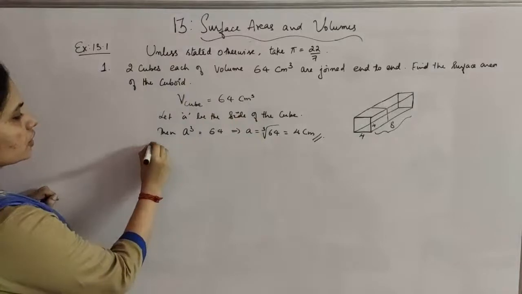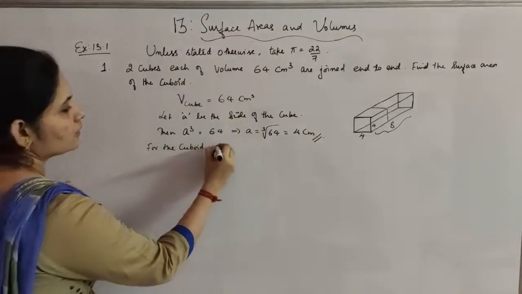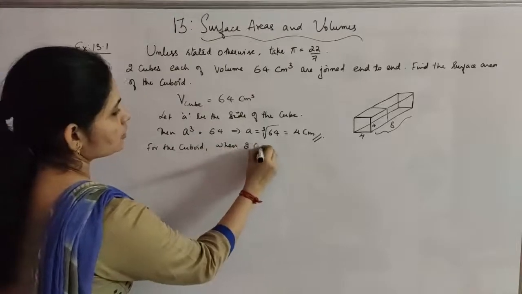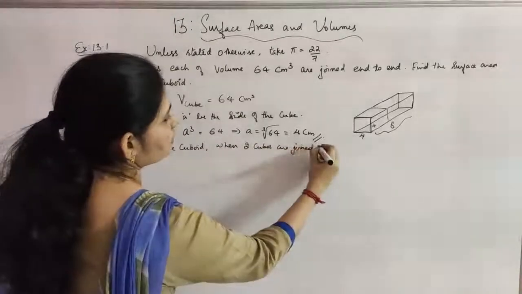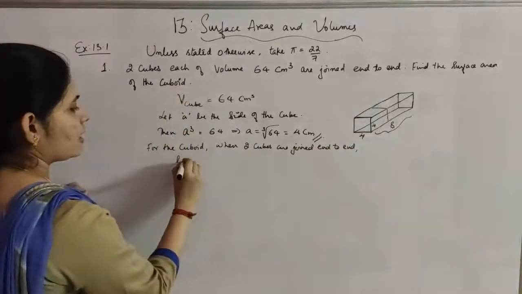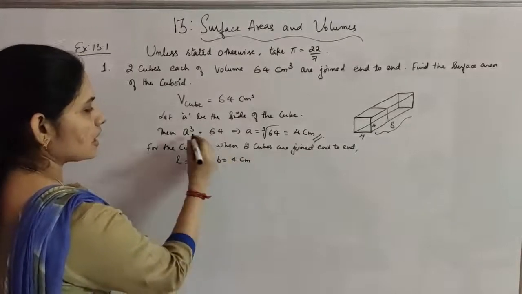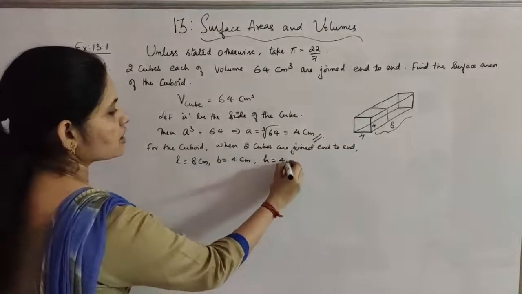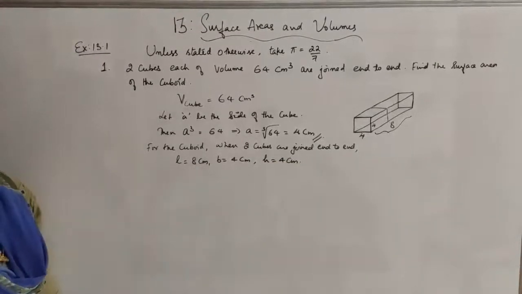That means for the cuboid, when two cubes are joined end to end, l will become 8 centimeter, b will be same as the edge and h will also be same. That is, the length will become 8, remaining will be 4 each.